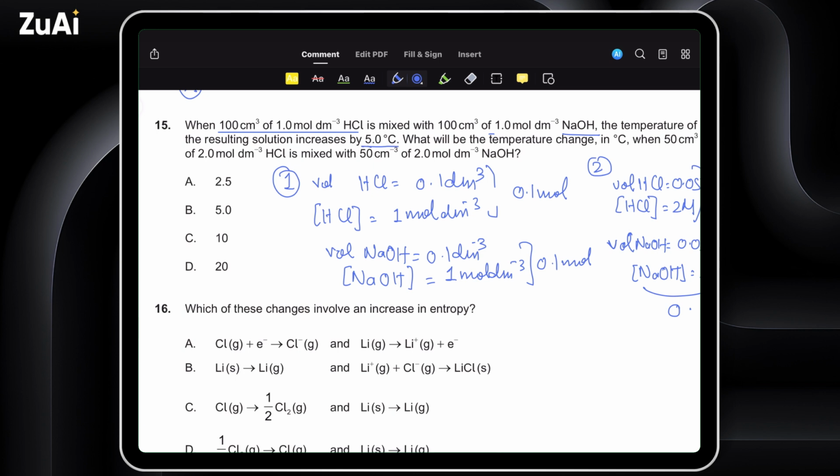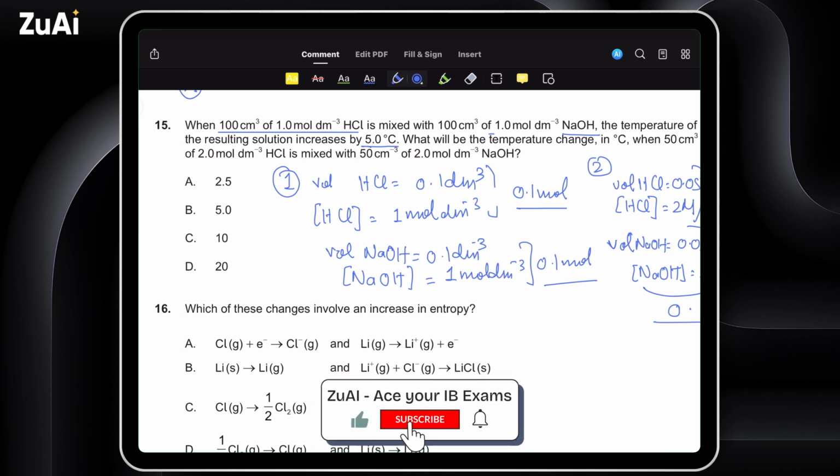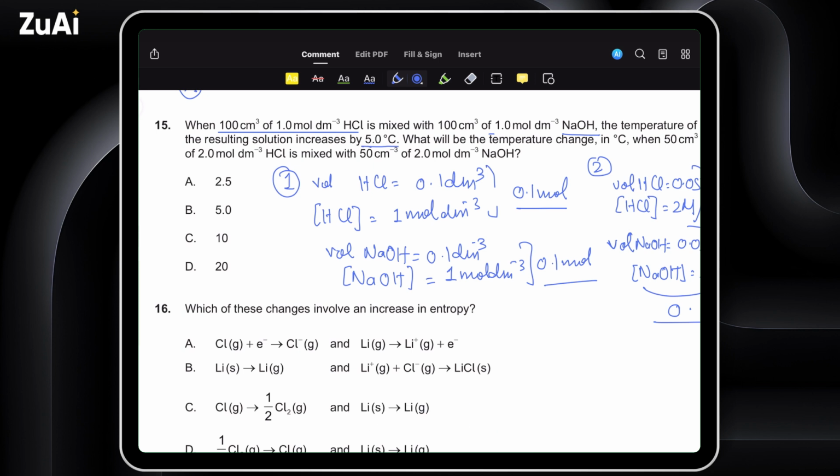So moles are same. That means the delta H value, since we have the same moles, initially it increased by 5 degrees Celsius.